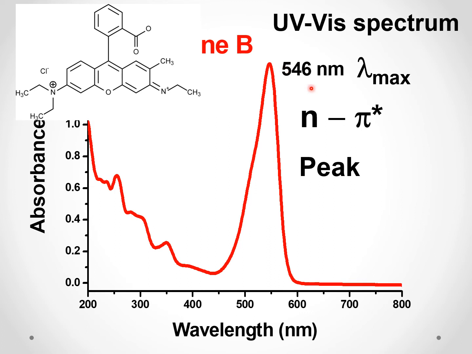It is found that in case of rhodamine B, this peak is due to the n to pi star transitions. Okay, n to pi star, because there are many heteroatoms multiply bonded to carbon, everything is there. So this is the n to pi star transition. So this is a sample UV visible spectrum.